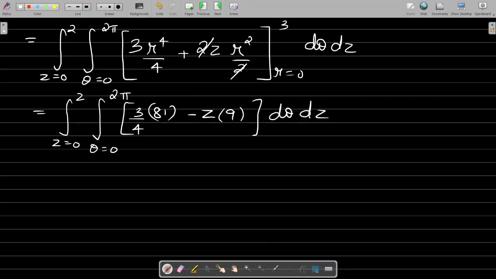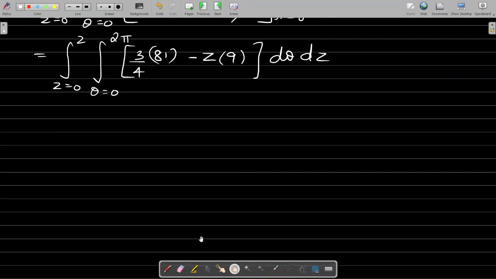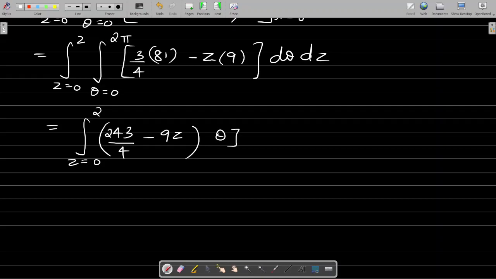Now there is no theta term here, so the integral is just theta. The integral of 1 d theta is theta. So z equals 0 to 2, you will have 81 into 3, 243 by 4 minus 9z, times theta within the limits 0 to 2 pi, dz.